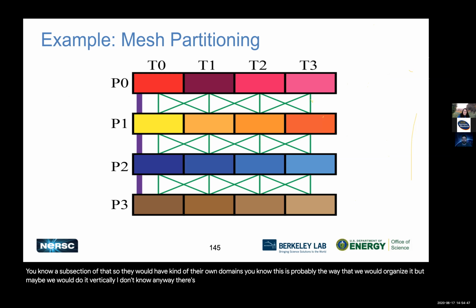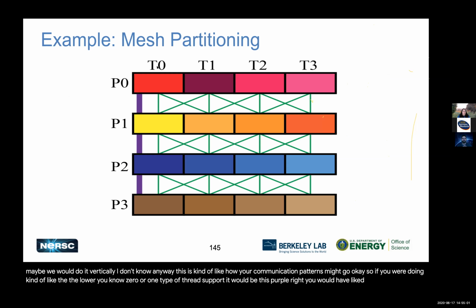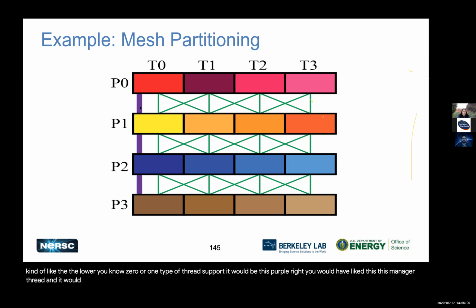Anyway, this is how your communication patterns might go. If you were doing the lower, 0 or 1 type of thread support, it would be this purple, right? You would have this manager thread, and it would be sending out all the information and communicating back and forth.